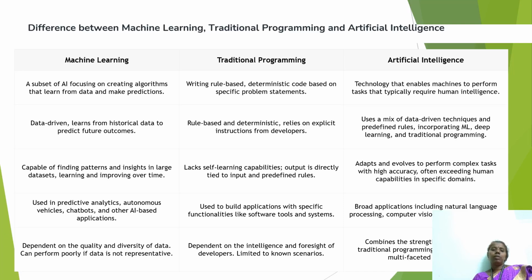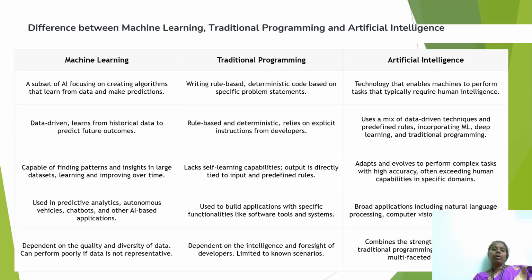First, we look at machine learning. What is machine learning? We already discussed it, but once again let us remember the points. It is a subset of AI focusing on creating algorithms that learn from data and make predictions. It's data-driven, learning from historical data to predict future outcomes.